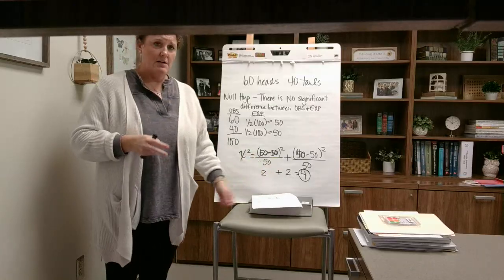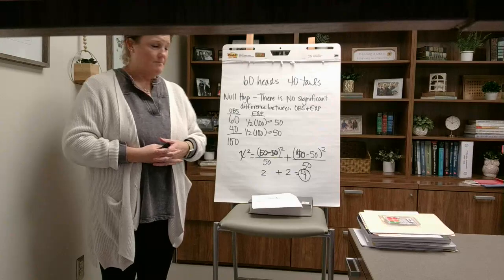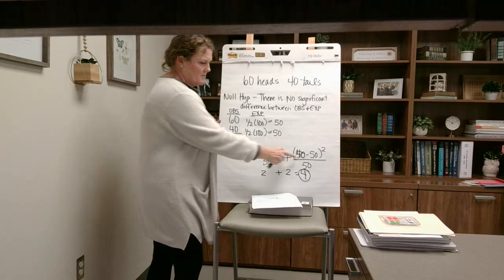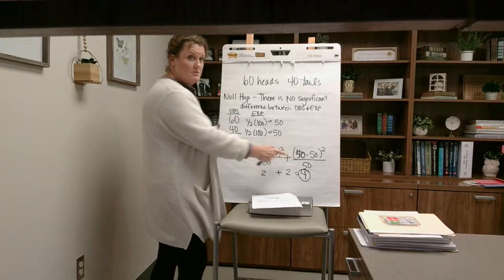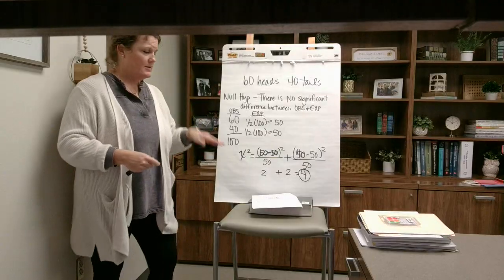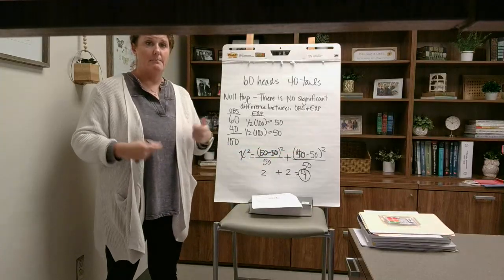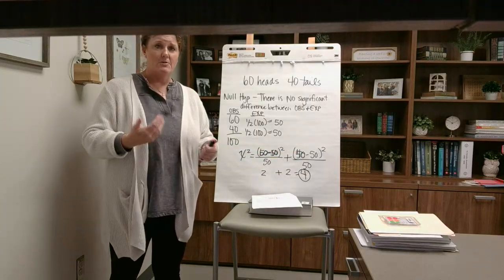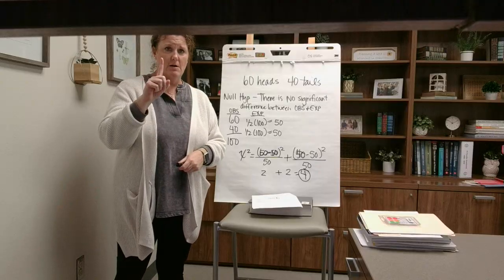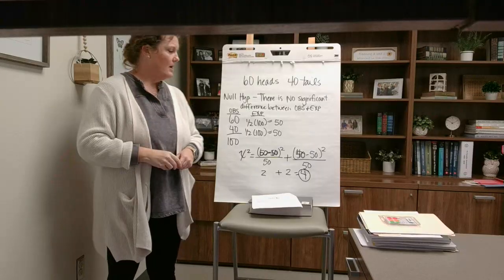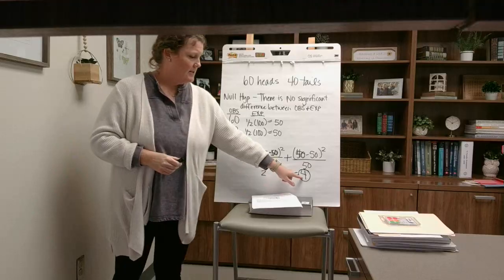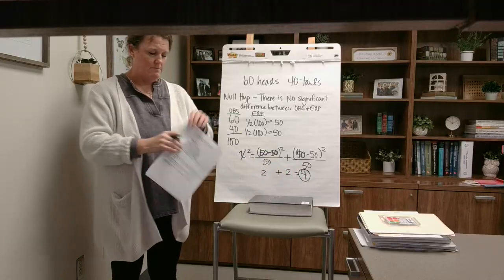Now the first thing I need to know is what is my degrees of freedom? Well, I had 2 events, right? I either had heads or tails. So my degrees of freedom is however many events I had minus 1. So for my degrees of freedom on my table, I'm looking up 1 degree of freedom. And then I'm looking to see where this number fits in my table.